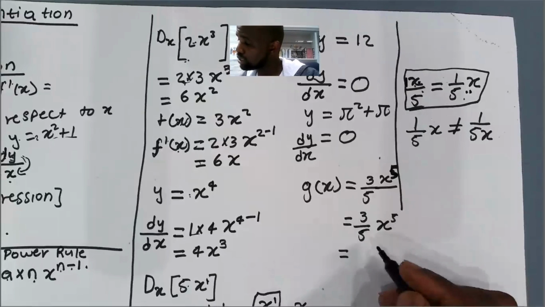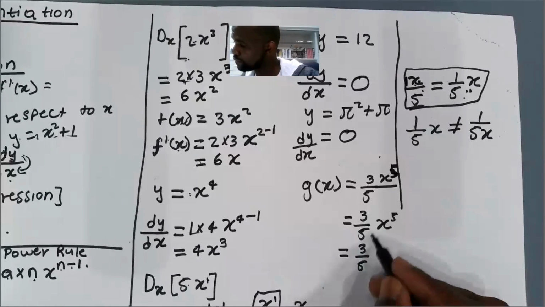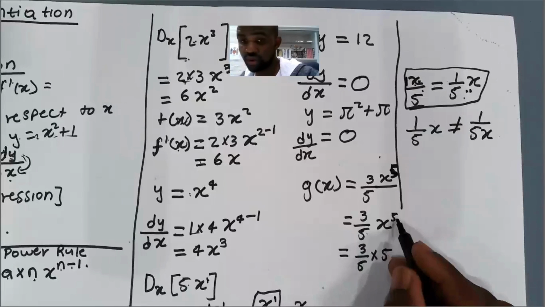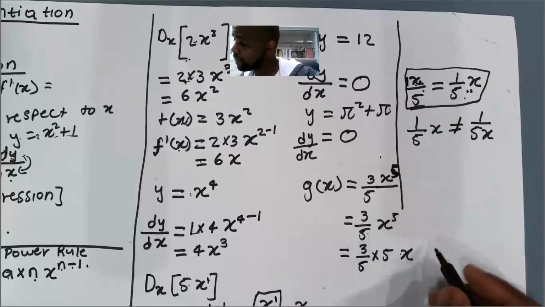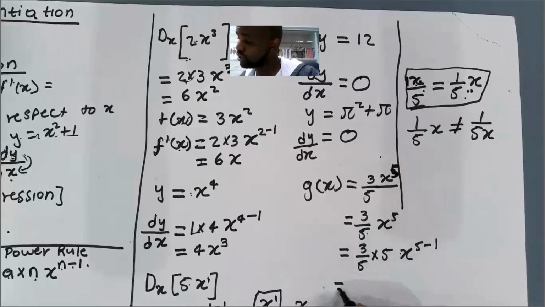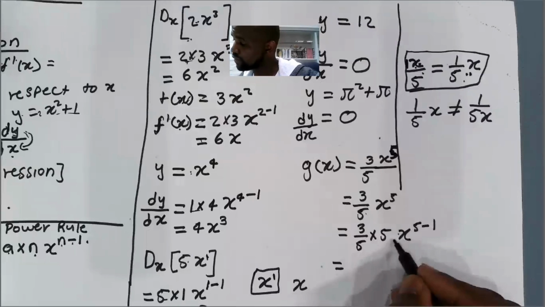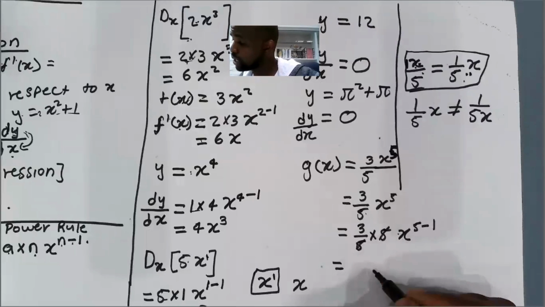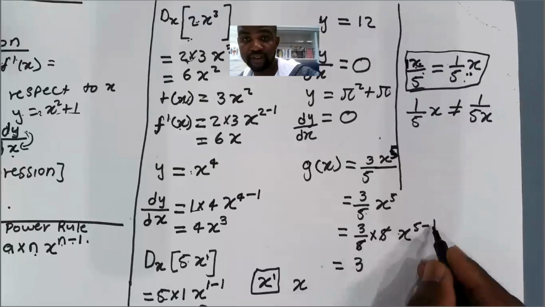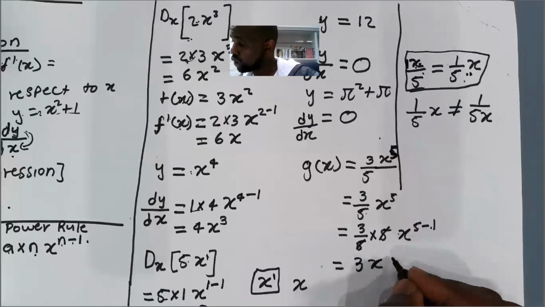So it's this 3 over 5 times 5, which is this coefficient here too, times our exponent, and then x to the 5 minus 1. Hope you see that one. And then after that, 3 over 5 times 5. This 5 cancels this 5, and we are left with 3. And then we have 5 minus 1. What is 5 minus 1? It's 4. So we're going to have 4 here.